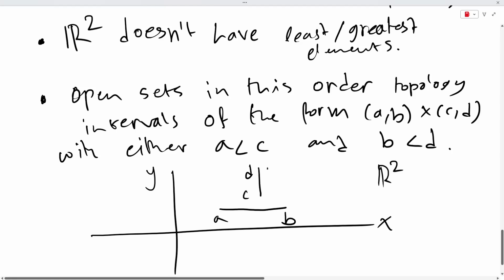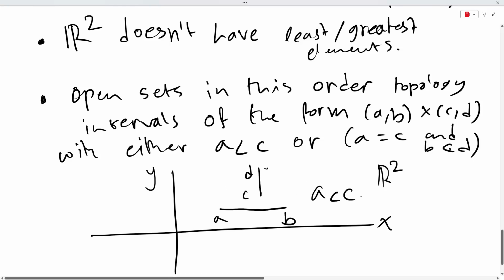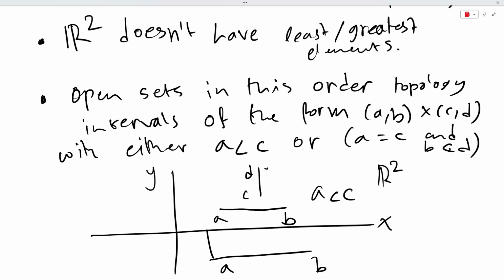So either A is less than C is true, or A equals C and B is less than D. So this is the case of A less than C, and we can also have, for example, A equal to C.